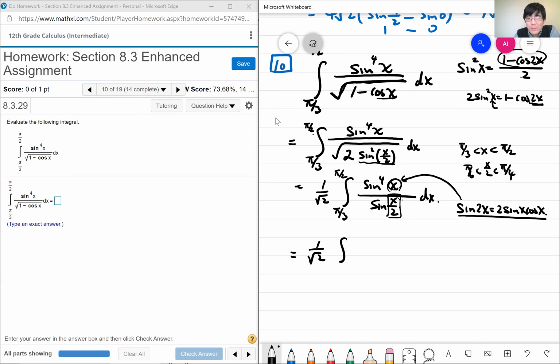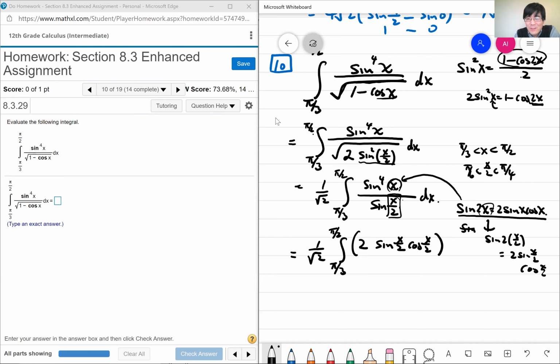It's gonna be kind of complicated. So this is same thing as 2 times sine x over 2 cosine x over 2. So sine of 2 times half of x is equal to 2 sine x over 2 times cosine x over 2. That's what I'm doing. So I had to do some kind of substitution here.